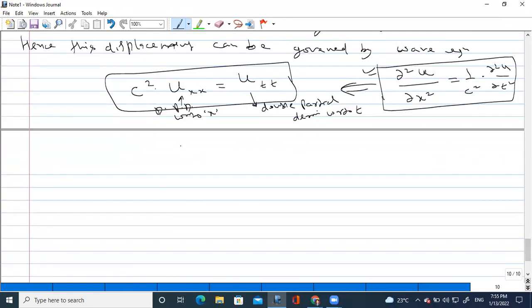Okay, so now you have to solve this equation also. Before that, you can check whether this equation is okay or not. You can check the dimension. How to check?